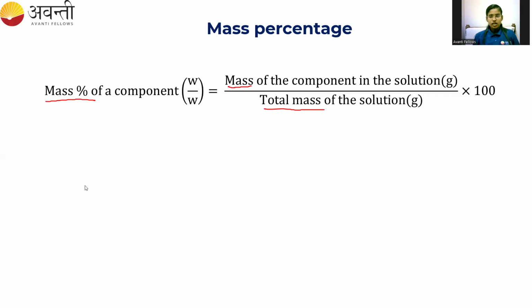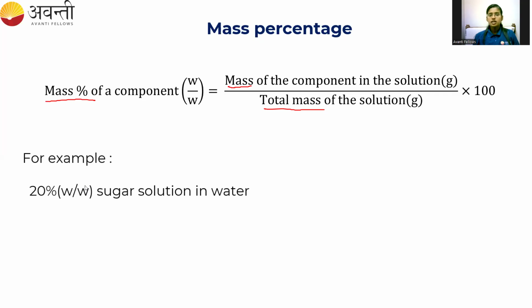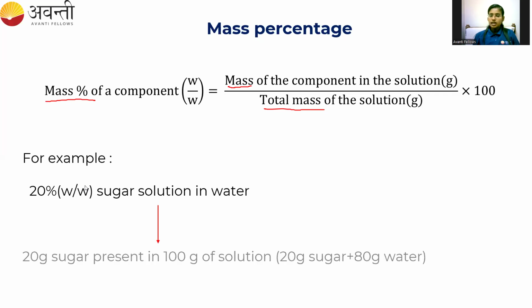Here I am taking a 20% sugar solution in water. What is the meaning of 20% sugar solution in water? It means 20 gram of sugar is present in 100 gram of the solution.